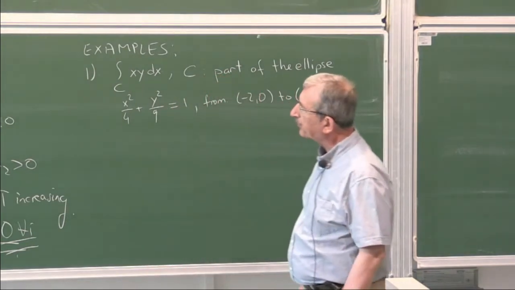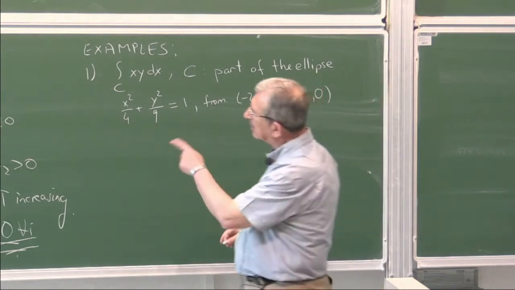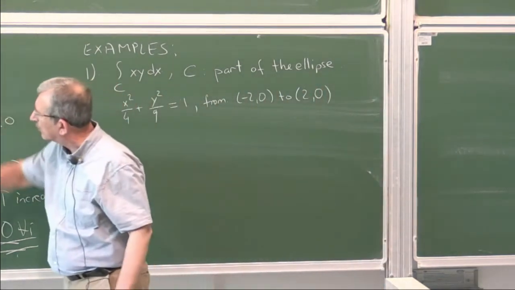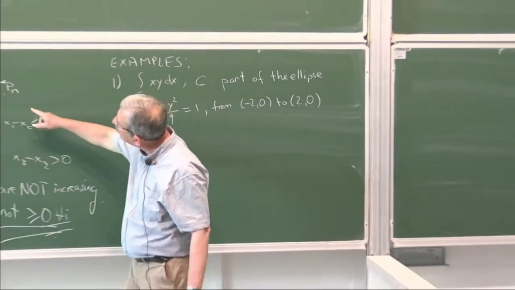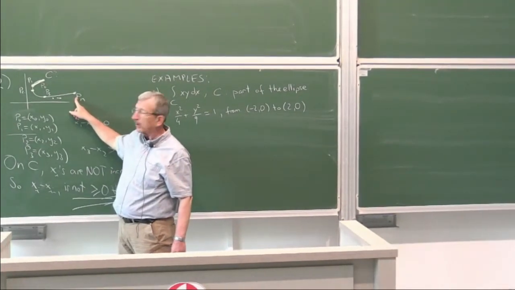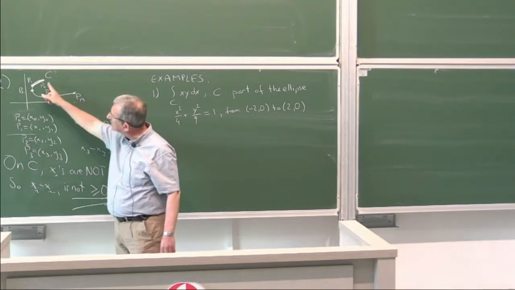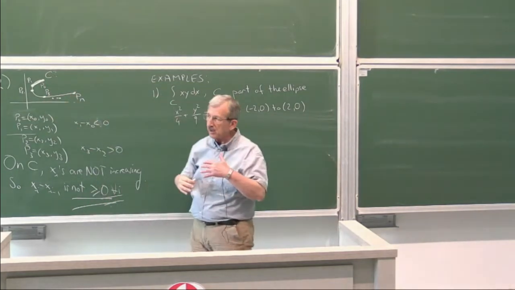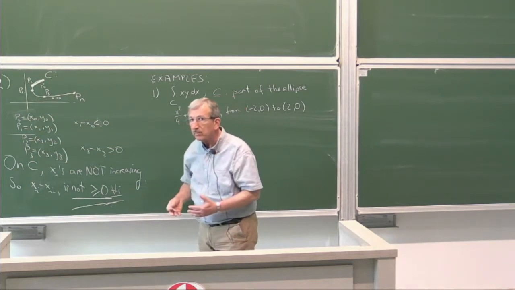Now, a very important point here, especially coming from this picture, is the following. We start partitioning C, but we can do it both ways. We can start from this point as well. If we start from this point, all the x differences will have a negative sign, multiplied by minus 1.